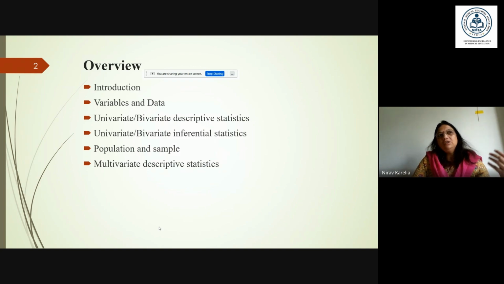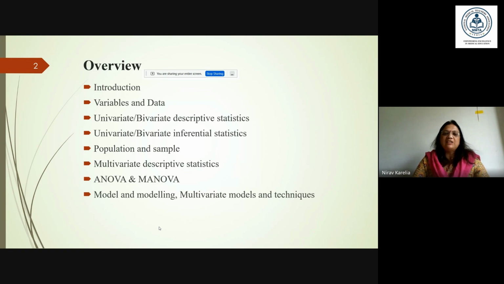These are all software or algorithms, and the main foundation of all this machine learning, artificial intelligence and software is the multivariate principle, how multivariate analysis is done. In multivariate analysis there may be two types, descriptive statistics and inferential. Then we go into the difference between ANOVA and MANOVA. And lastly, we discuss the different techniques with examples.